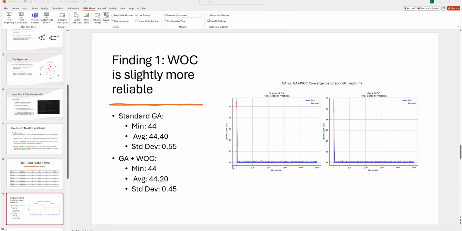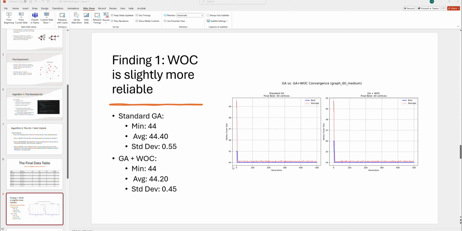Now we can look at the genetic algorithm enhanced with the wisdom of crowds. It had a better average of 44.2 and a lower standard deviation. This proves that the exploitation strategy worked. It successfully used the wisdom of experts to eliminate the bad unlucky runs. It basically pruned the search space and stayed focused on the high quality solutions.